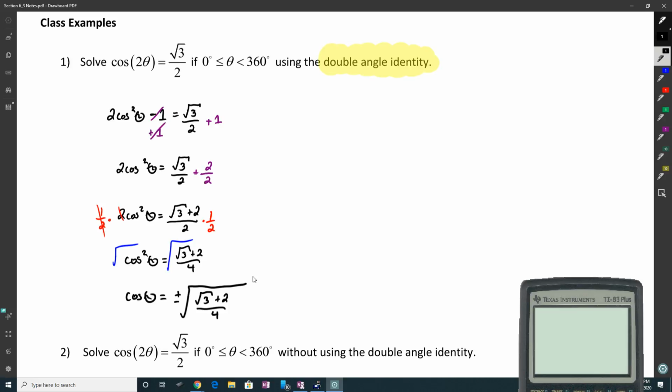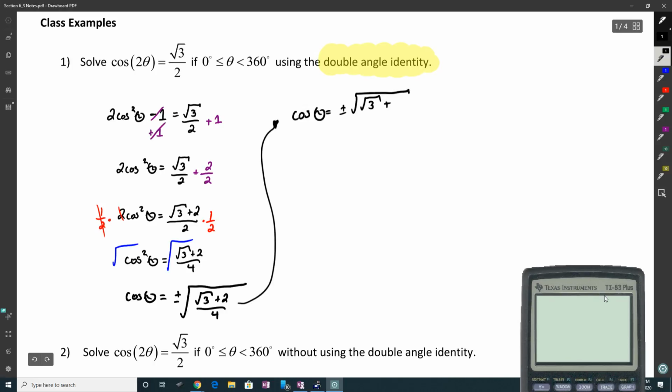And with that, we can try to figure out our answer. So we have cosine theta equals plus or minus the square root of square root of 3 plus 2, and then the square root of 4 is just 2.